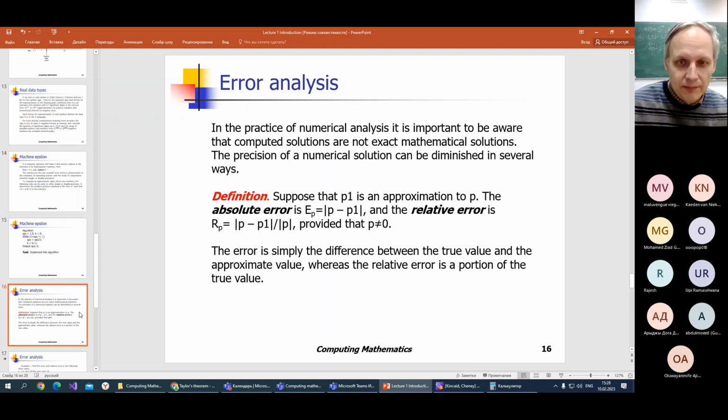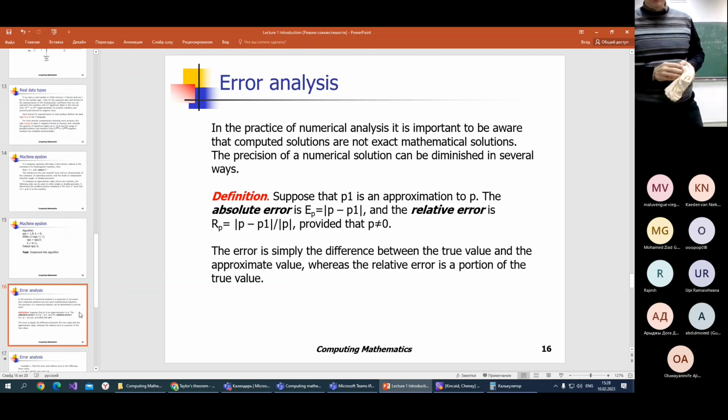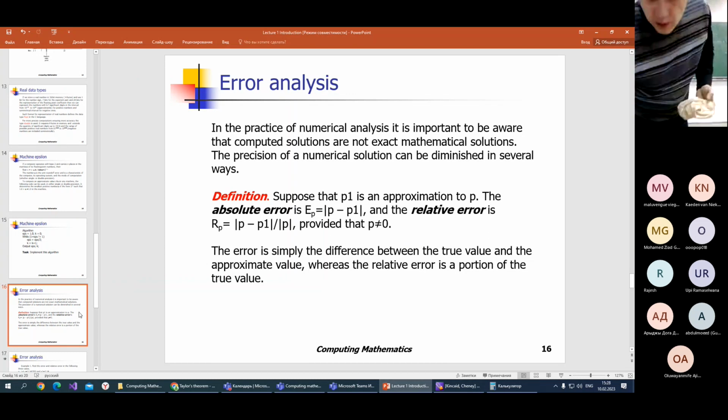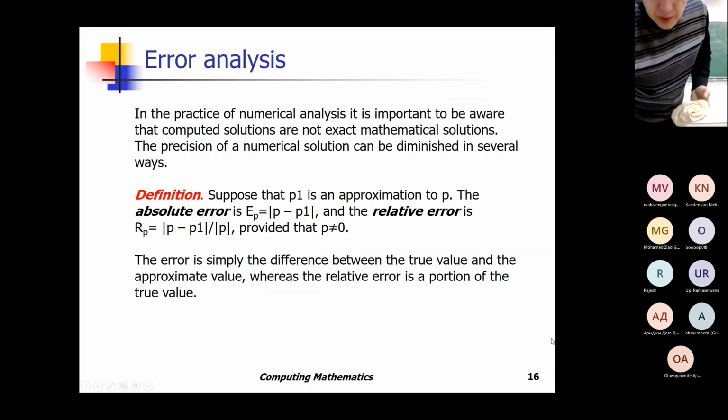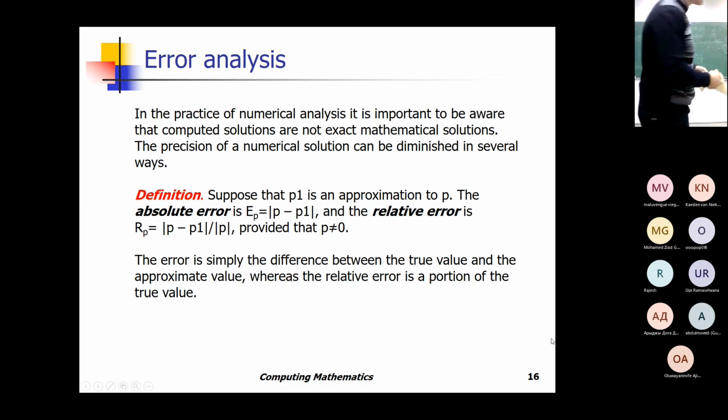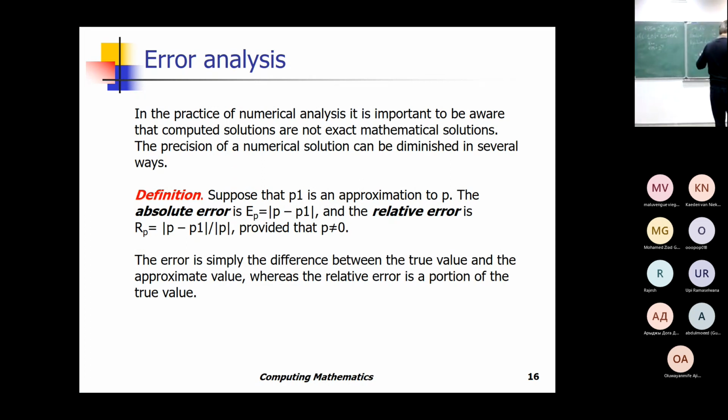So the precision of numbers, the precision of values, is very important. And in computer mathematics, we consider different types of errors. Usually we consider two main types of errors.